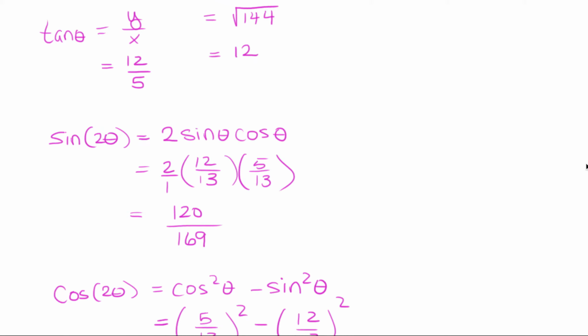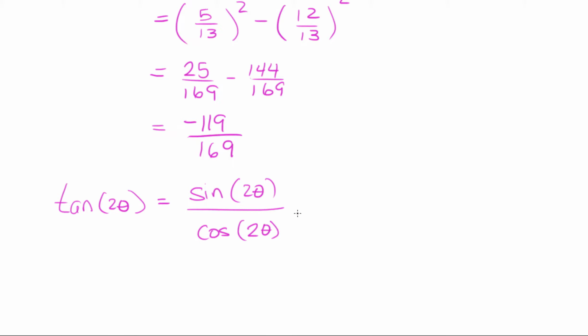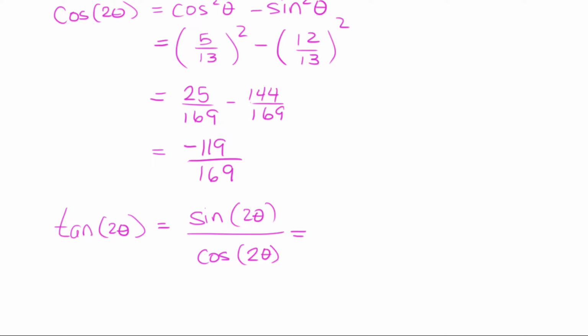As for tangent of 2 theta, you could use the formula, or just remember this is sine of 2 theta over cosine of 2 theta, which is equal to, well, we just found sine of 2 theta. That's 120 over 169.